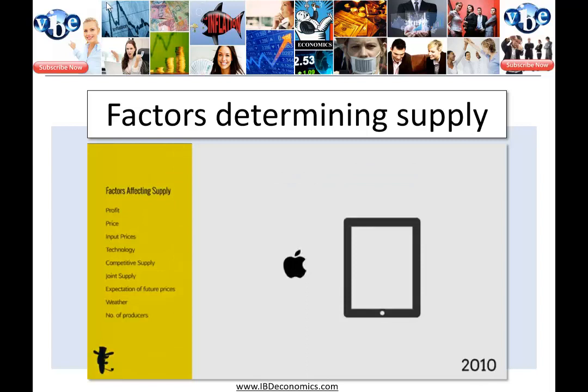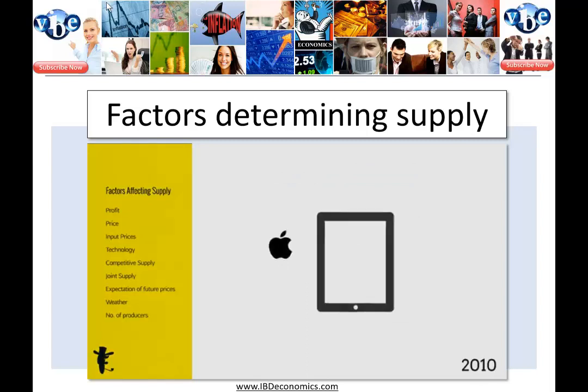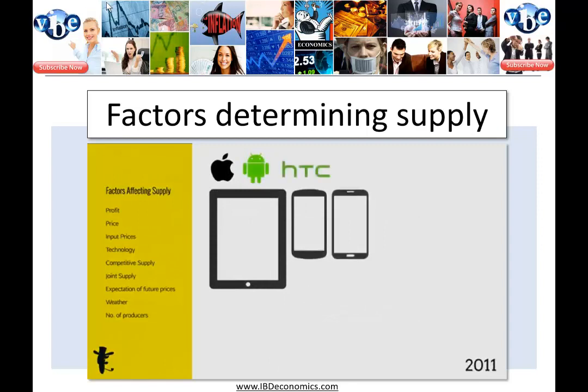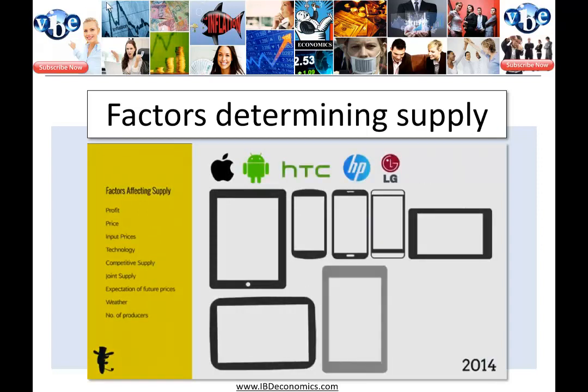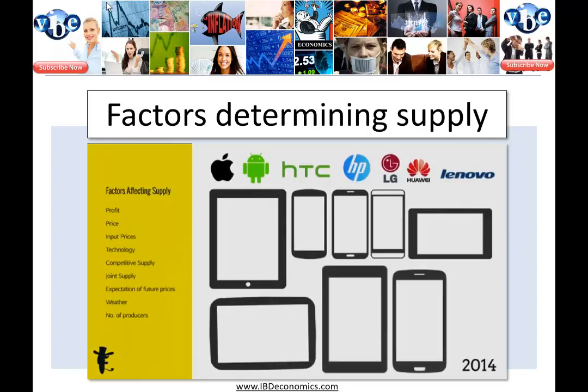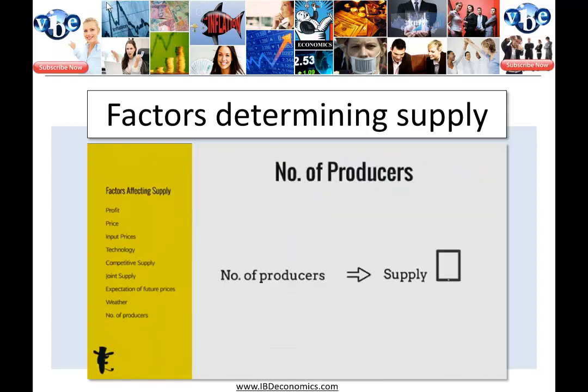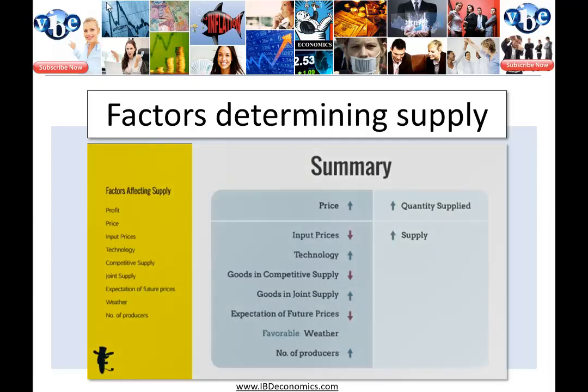In 2010, if you wanted a tablet, you had to get an iPad. As more manufacturers entered the tablet market, you have many choices today. When number of producers increases, supply increases, and vice versa. So this is the summary.